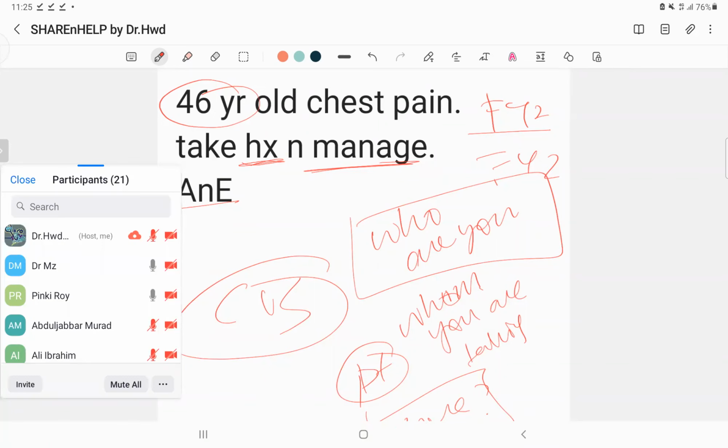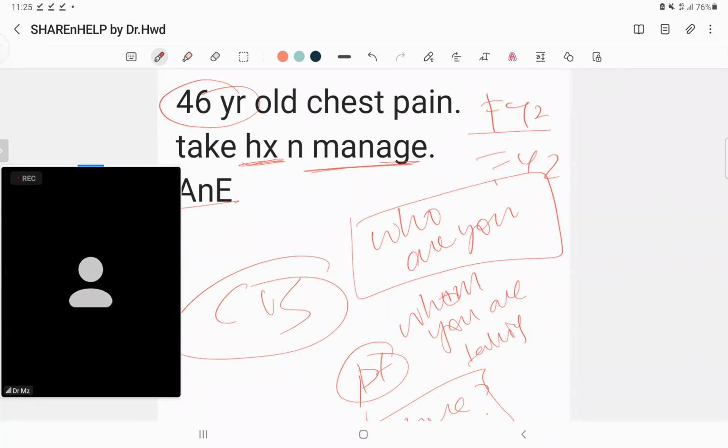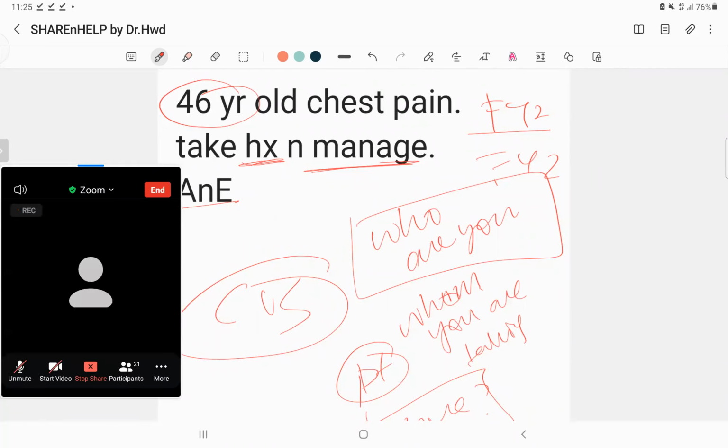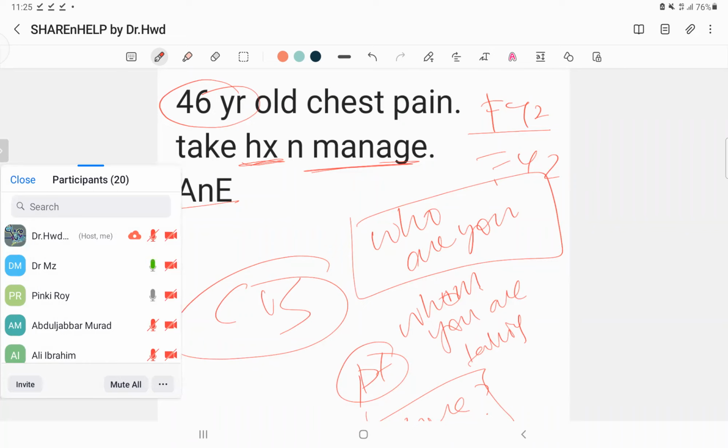Been drinking socially for 40 years now, but not much, only on occasions. Do you smoke? Yes, doctor, I smoke, but not that often. Only when I'm stressed. 2 to 3 smokes a week, not much.